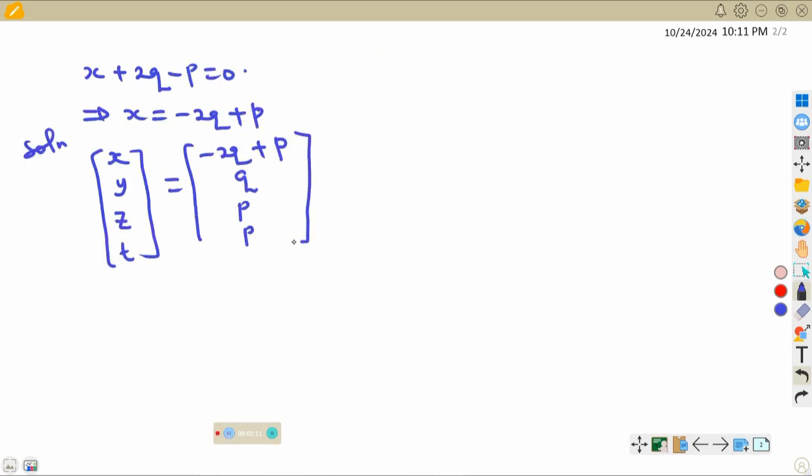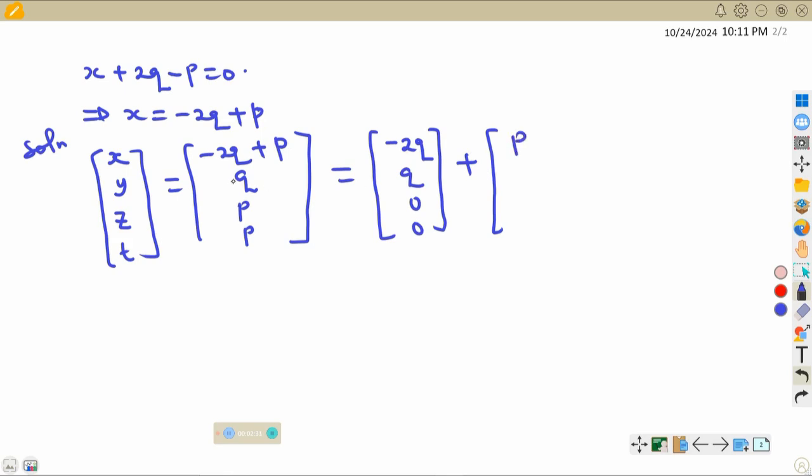So this is what we have, but we can rearrange this. This is negative 2q, then this one here is q. This is p, so that is 0, 0. Plus we can have this one here is p. This is q, so here we have 0p. This is p, and this is p.